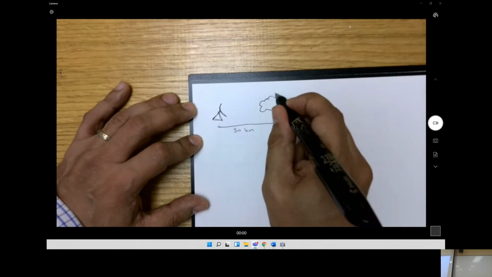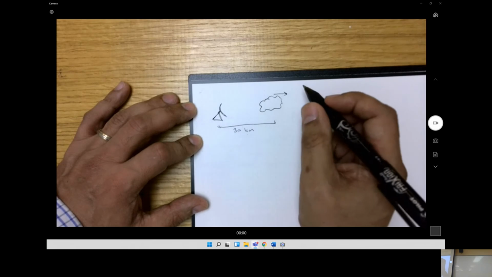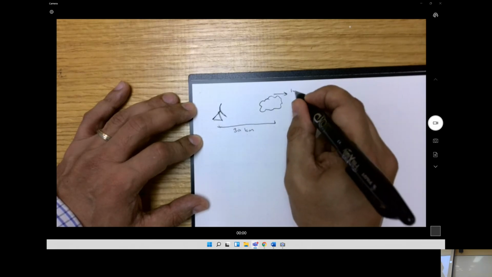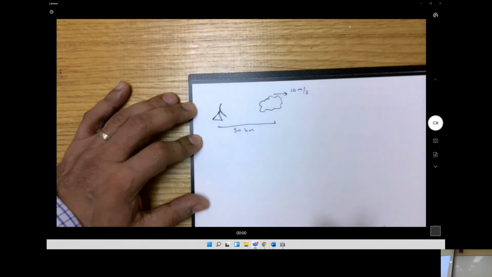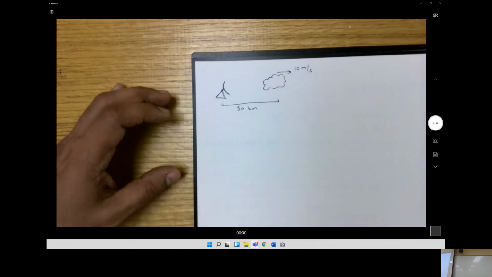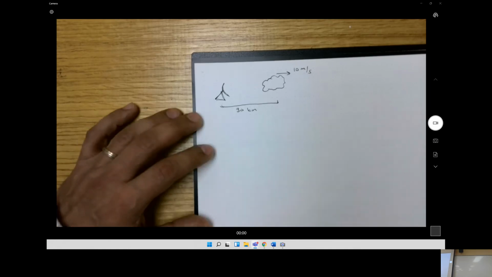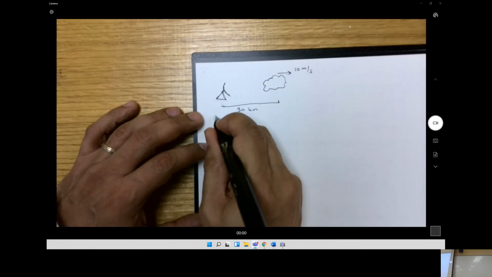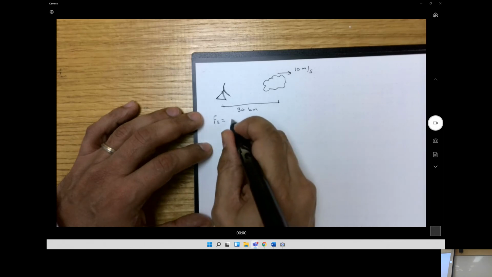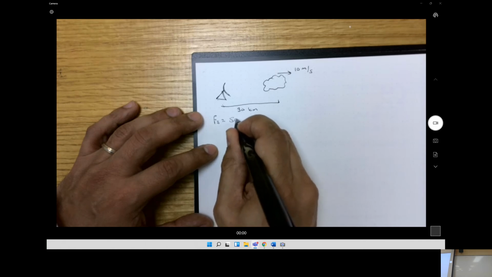And this cloud is moving at a speed of 10 meters per second away from the radar. The frequency of the radar, I'm going to say, is 500 kilohertz.